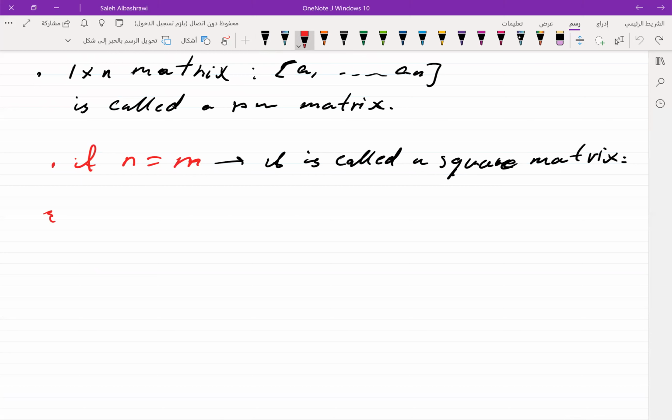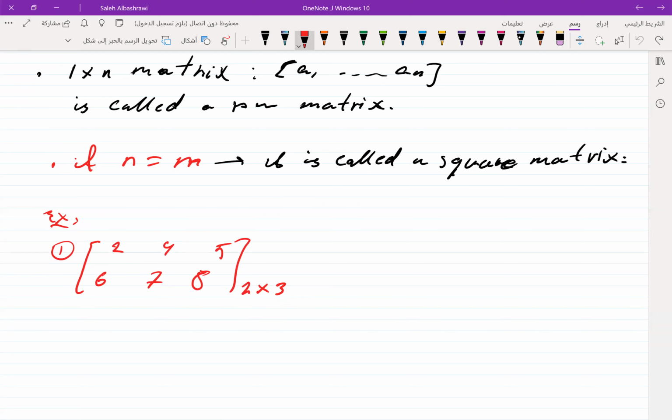Examples. Number one: 2, 4, 5, 6, 7, 8. This is a matrix of size 2 by 3. You have 2 rows and 3 columns.